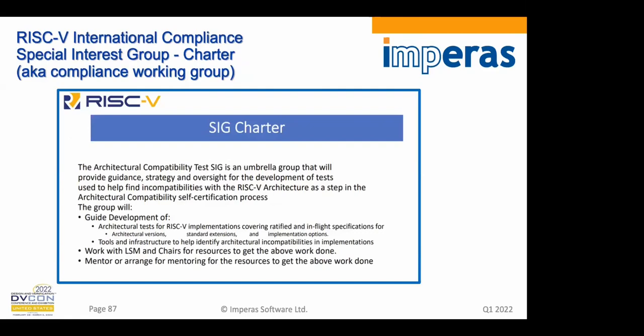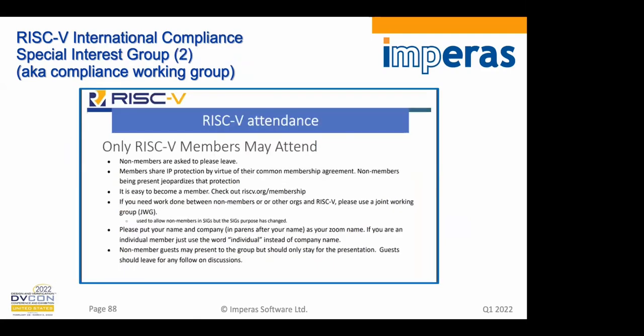The charter of the group is really that it's an umbrella group in RISC-V to provide guidance and strategy and oversight of the development of the tests. It provides this guidance for the groups working on the extensions, and they'll be developing the tests for this.